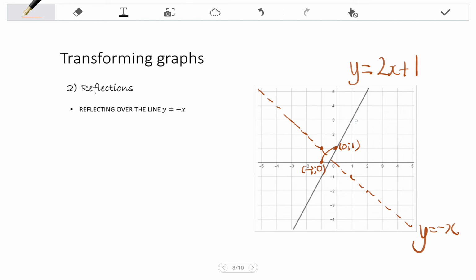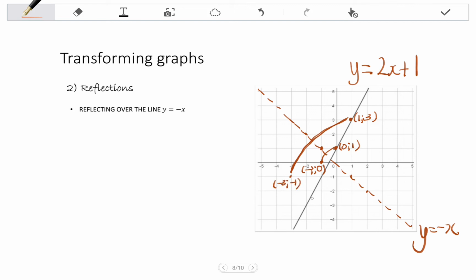If I look at the point (1, 3) and I fold it across the line, it's going to go to, I need to think about this, (-3, 1), no, I have to double check. Sorry, (-3, -1). Okay, (-3, -1). That looks like, yeah, that's a mirror image. Okay, (-3, -1).